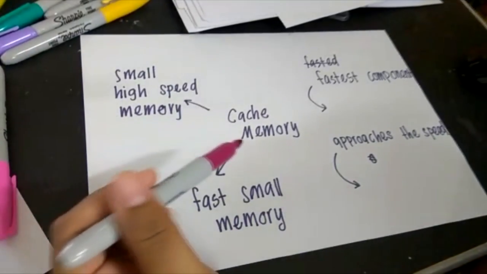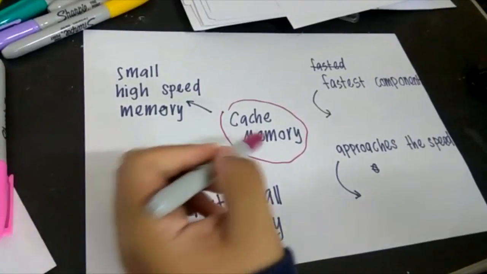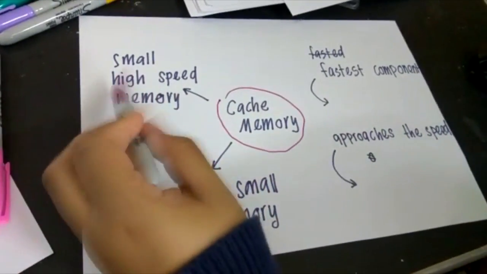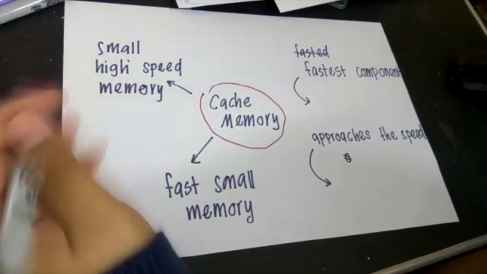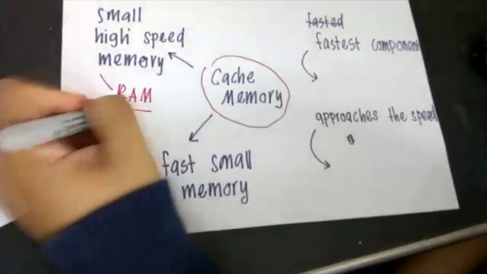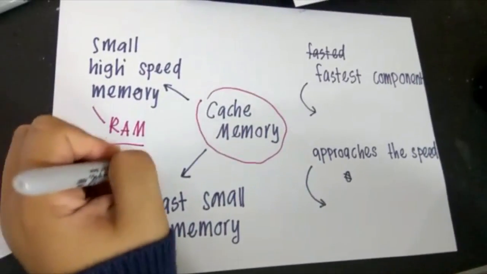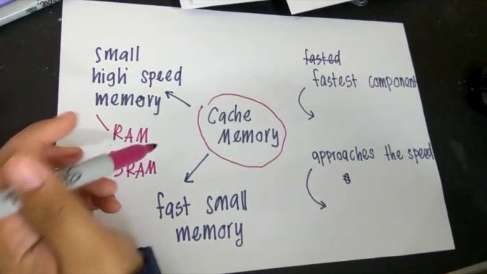Okay, now I will tell you about the cache memory. As you know, cache memory is a small, high-speed memory, static RAM, that is SRAM. It contains the most recently accessed pieces of memory.